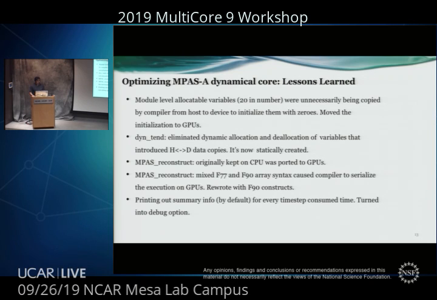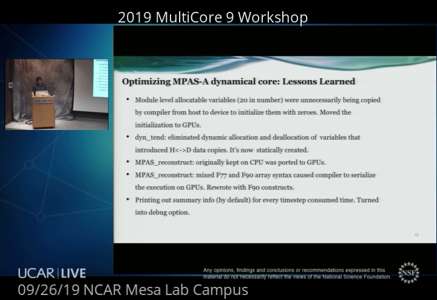This was undesirable because we don't want data copy in every time step. So what we did was we just initialized them on GPU so that they will be resident as GPU variables. A similar thing happened in one other important routine as well.